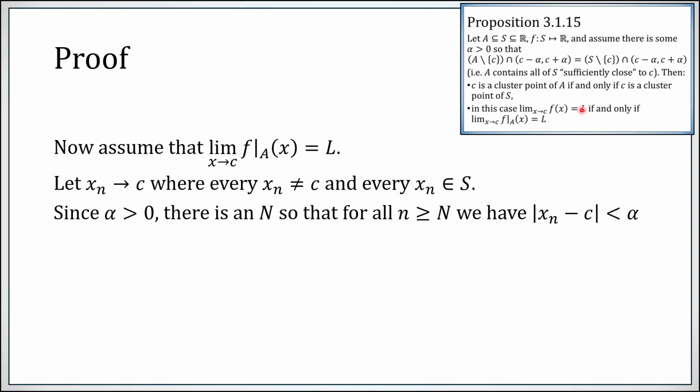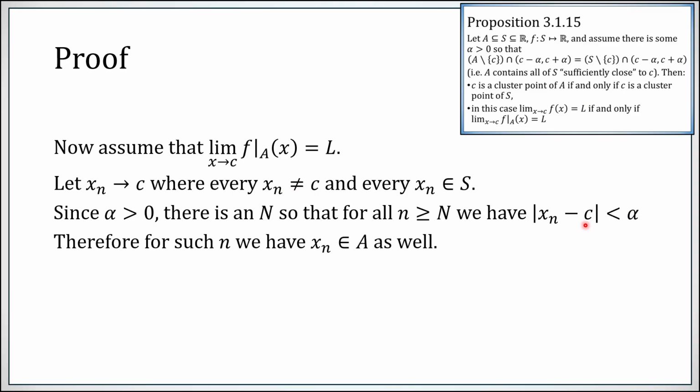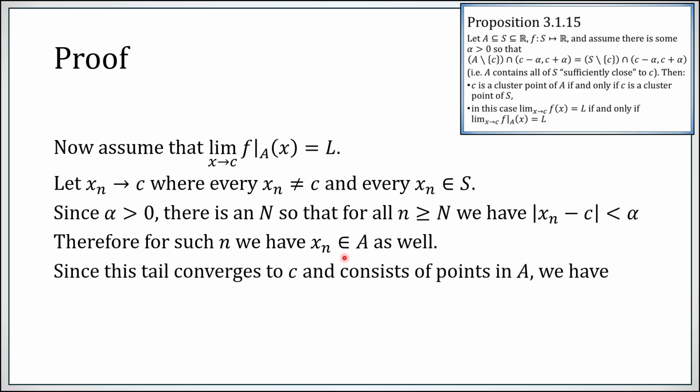Again, since alpha is positive, this sequence converging to C is eventually within alpha of C. But if you're within alpha of C and you started in S, then you are also in A. So the tail of this sequence belongs to elements of A. So I now have a tail of a sequence converging to C consisting of points in A. But we also had that the restricted function had limit L, so this tail converges to L. Therefore, for any sequence in S, xn converging to C, the tail converges to L, so the entire sequence converges to L. So we're just leaning very heavily on lemma 3.1.7 over and over again.